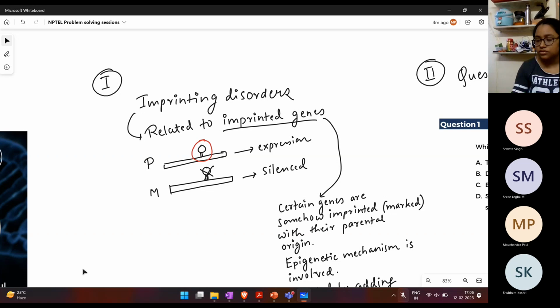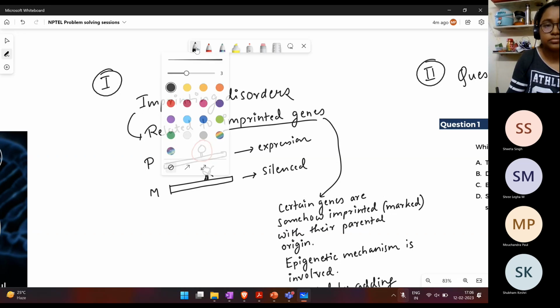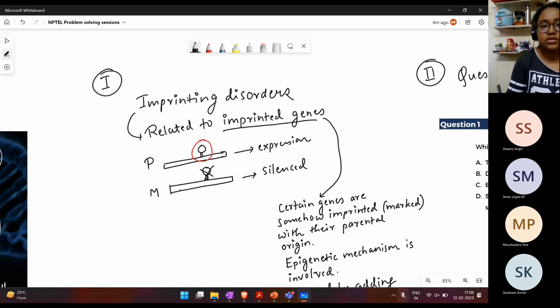So if you recall, imprinting means if this is a chromosome that is coming from your father and this is a chromosome that is coming from your mother, and this is the position of an allele.